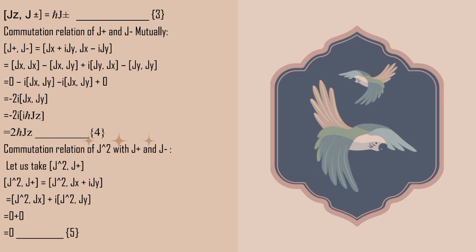The commutation relation of J squared with J plus and J minus. Let's take [J squared, J plus]. [J squared, J plus] is equal to [J squared, Jx plus iJy]. Here we already know the value of J plus, so we substitute it, and finally [J squared, Jx] plus i [J squared, Jy] is equal to 0.